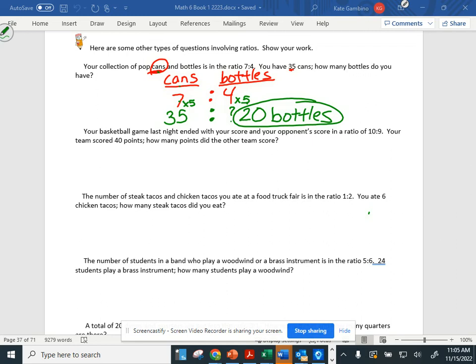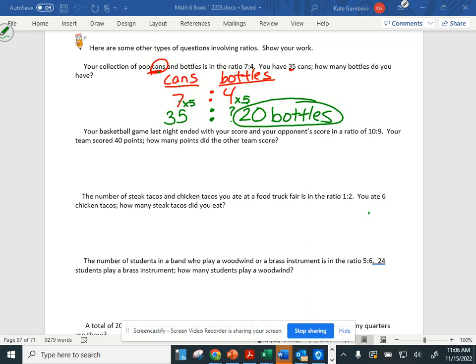Let's do one more together so we understand how to set these up. Your basketball game last night ended with your score and your opponent's score in a ratio of 10 to 9. Your team scored 40 points. How many points did the other team score?